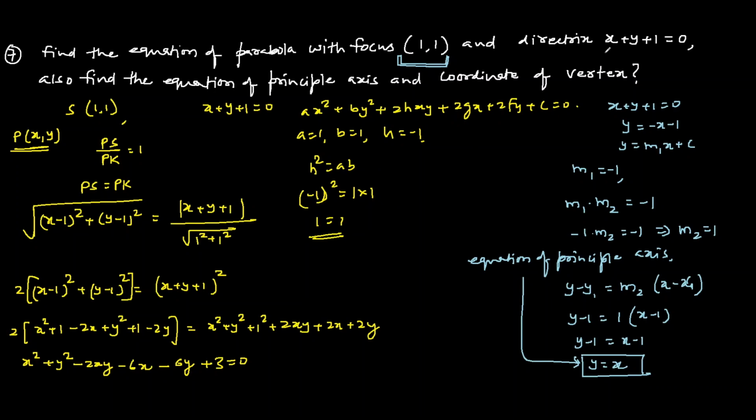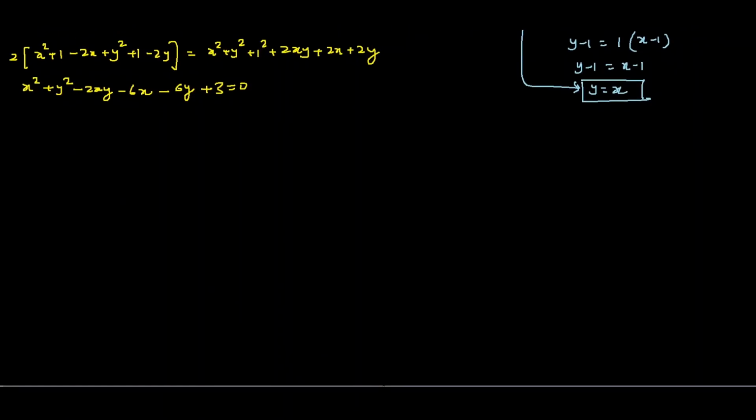Now we have to find the coordinates of the vertex. The focus is known, and we have to find the coordinates of the vertex. So let us assume that the vertex is at (alpha, beta).